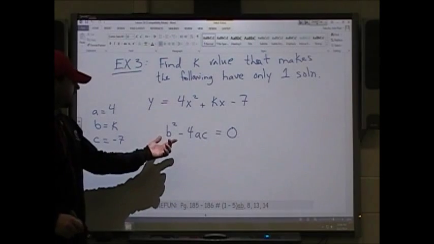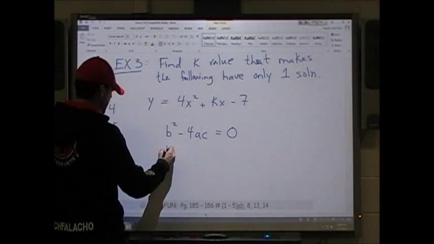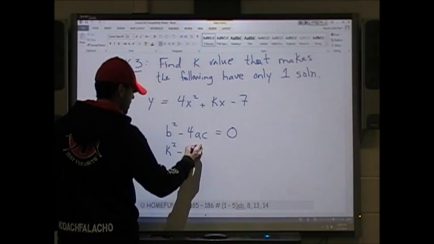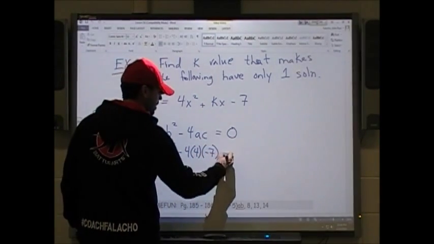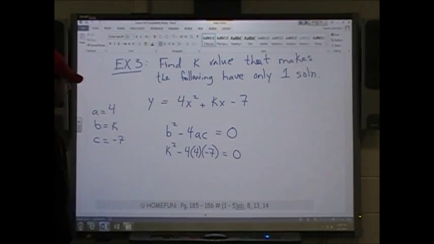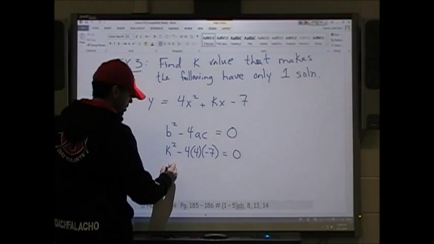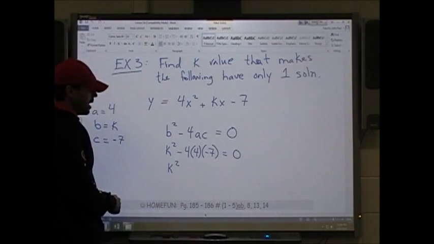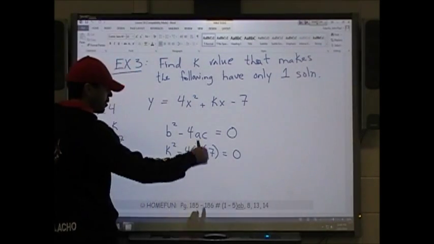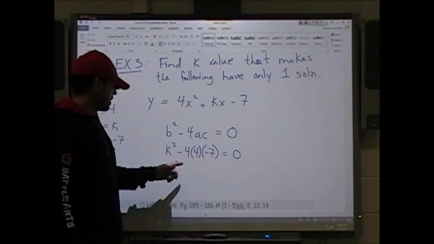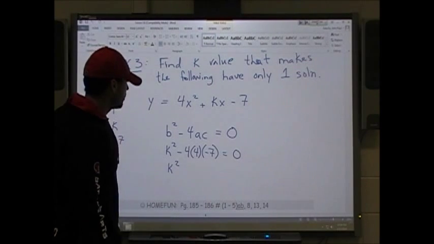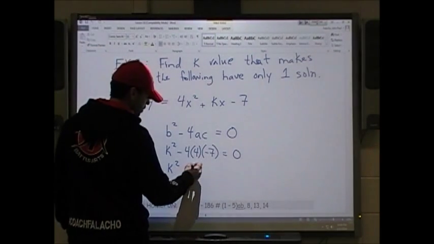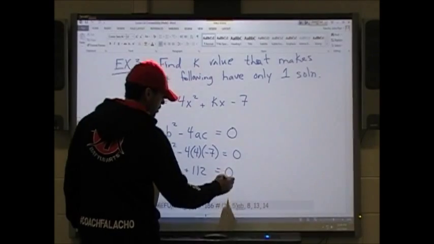So all I have to do is plug in: k squared minus 4 times 4 times negative 7 equals 0. And I will have to find what my k value should be. So I'm just going to isolate for this. This is going to be k squared, now negative 4 times negative 7 is 28, 56, 112. So positive 112 equals 0.